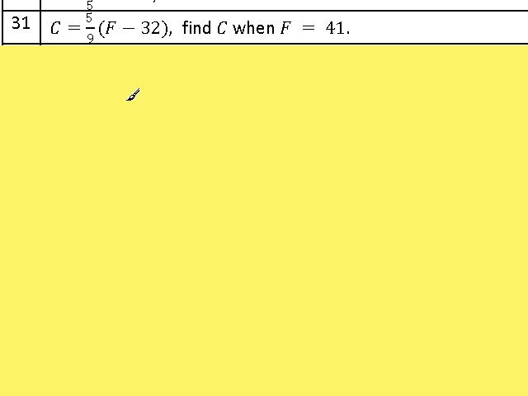Okay, here's that same formula just turned around, and now we have the Celsius temperature in terms of a Fahrenheit temperature, and we want to substitute in a Fahrenheit temperature of 41 and see what the equivalent Celsius temperature is. So we're just substituting in values into a formula.